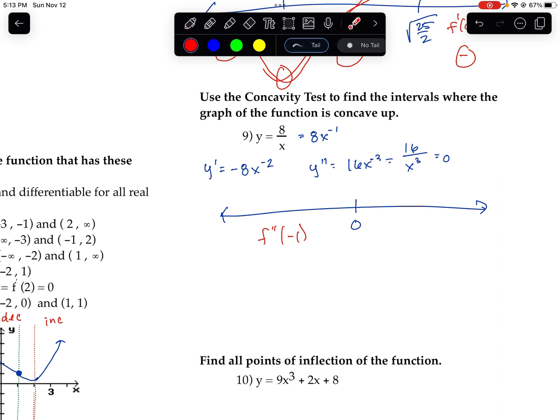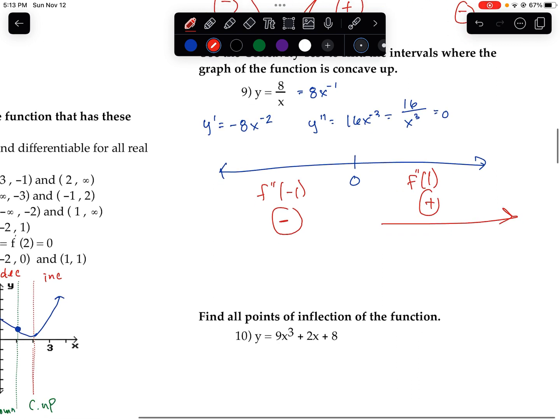If I plug that into the second derivative, negative 1 to the third is negative 1, so this becomes negative. If I do f double prime of 1, that's going to be positive. So f double prime is positive for x greater than 0, so that's where it's going to be concave up. So concave up from 0 to infinity.